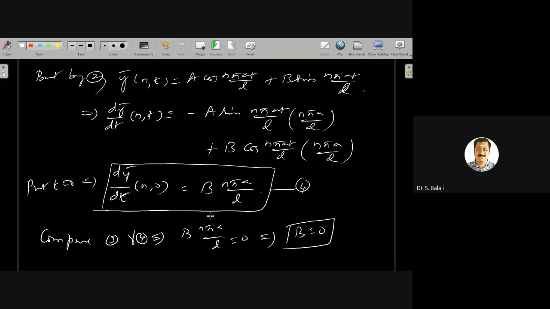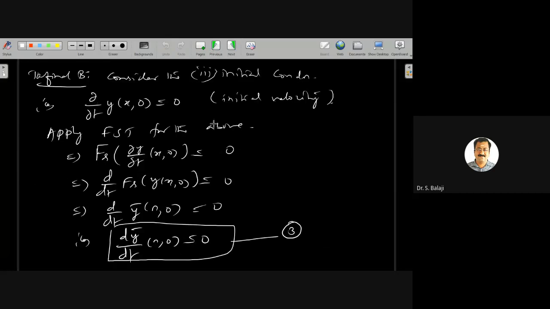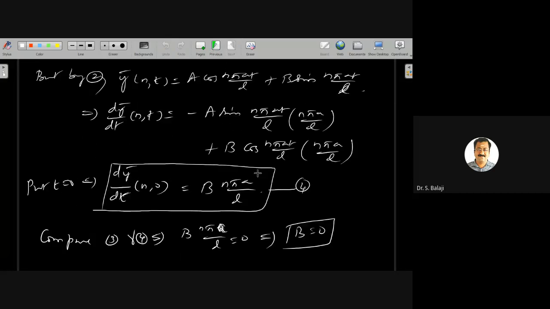Therefore everything else is a non-zero constant, so the only possibility is that b equals 0. Already by equation 3 this is 0. Now in equation 4 it is b n pi a by l. Therefore we are getting b equal to 0.